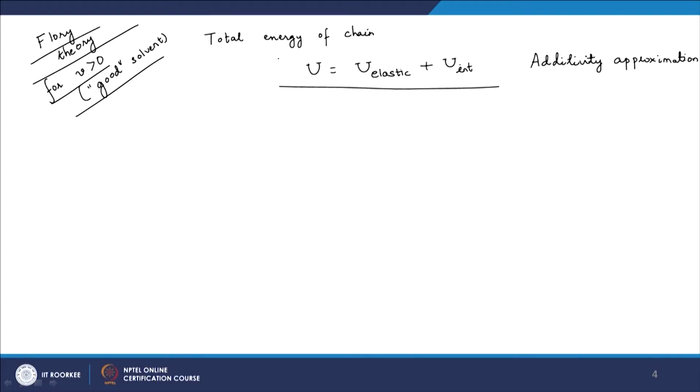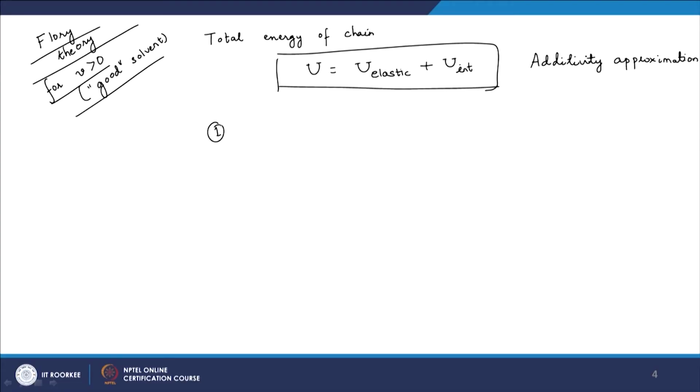We are not going into details here, but this is one of the first approximations that Flory made in his theory, although this is not the most serious one. We will come to the most serious approximation next.